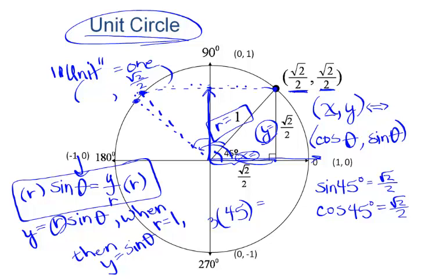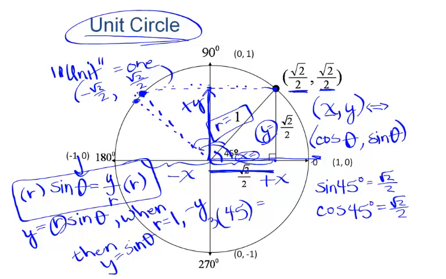I know that the distance that I went horizontally from the origin was the same distance, the same magnitude here, but it is going to be the opposite sign. Why? Because this is the negative end of the x-axis. Here's the positive end of the x-axis. Positive end of the y-axis, negative end of the y-axis. So I know the coordinates of this point.